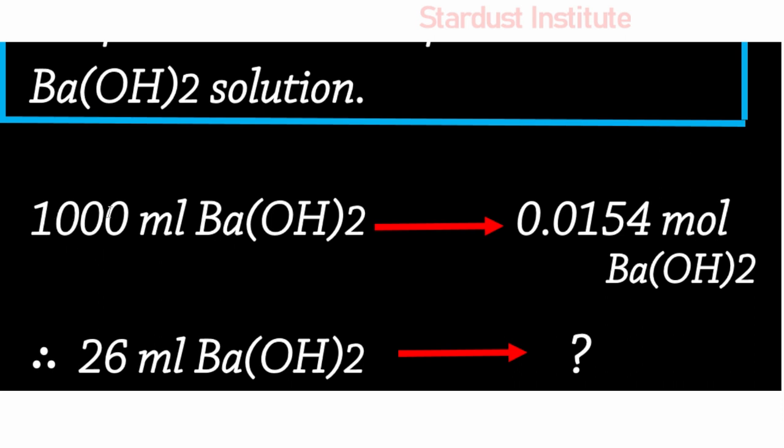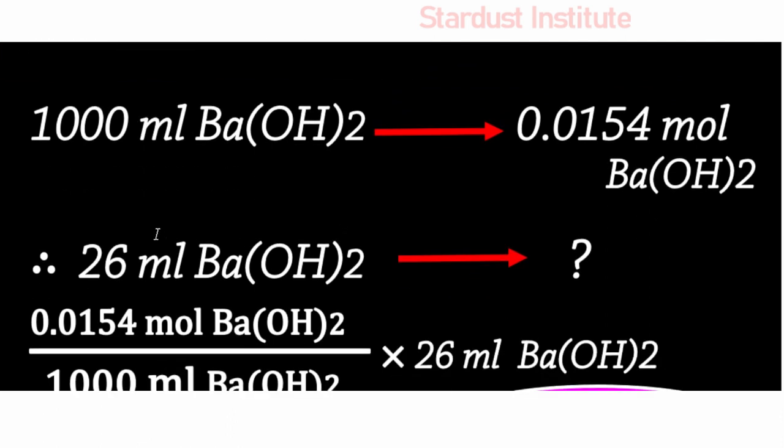Therefore, in 1000 milliliters of this barium hydroxide solution, there are 0.0154 moles of barium hydroxide. Then 26 milliliters of this barium hydroxide solution, how many moles of barium hydroxide are there?